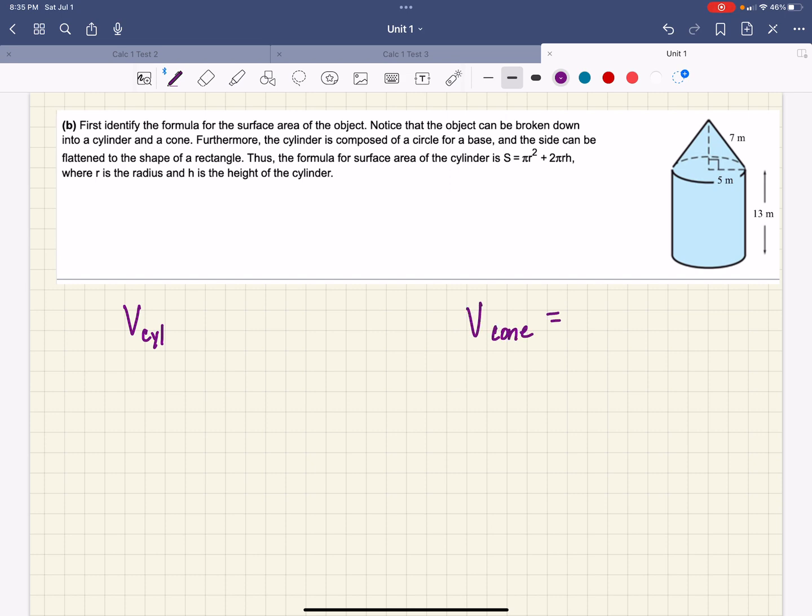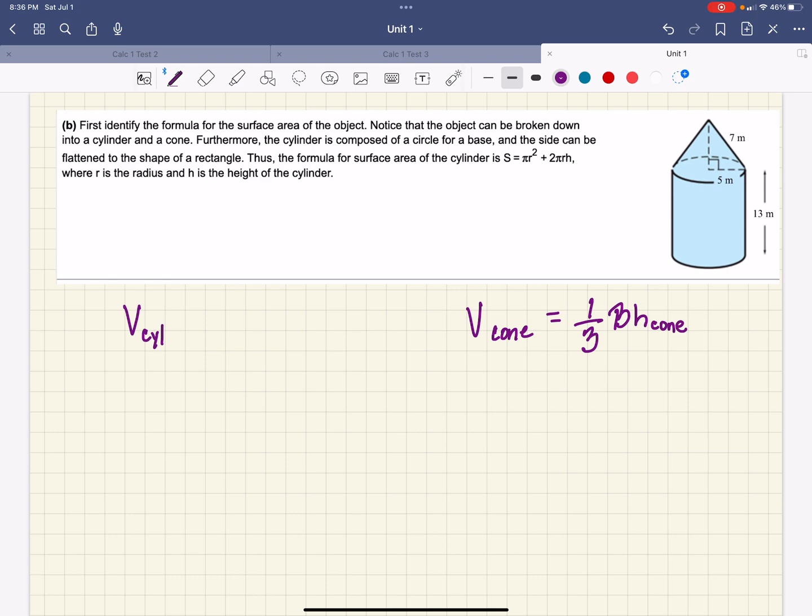Okay, now the volume of the cone is going to be 1/3 times the base of the cone times the height of the cone. Okay, so we don't know what this height is yet. Now we can figure it out because we can use the Pythagorean theorem to do it. But this has got to be the height of the cone.